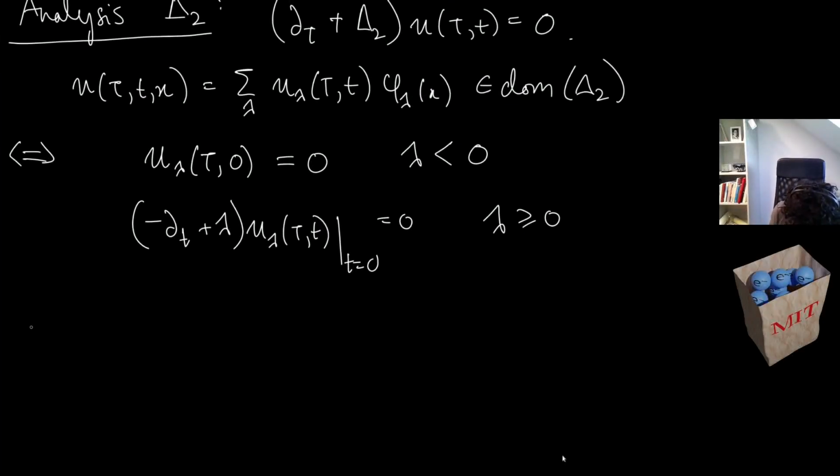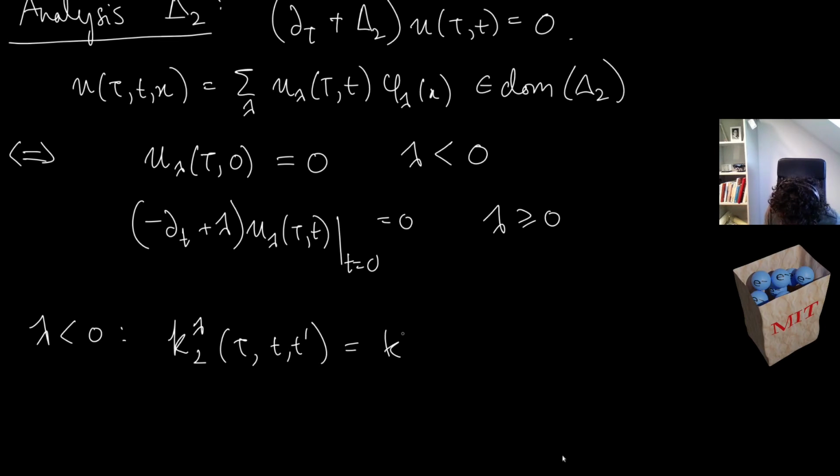So now we want to think about the heat kernel again. So for lambda negative, same. This is the same as for before, but with the signs changed, right? So k lambda 2 tau t prime is equal to k tilde negative lambda 1, well, actually we could put real variables in there, so it doesn't matter, tau t prime.